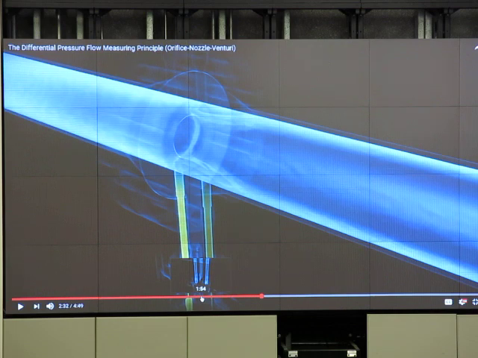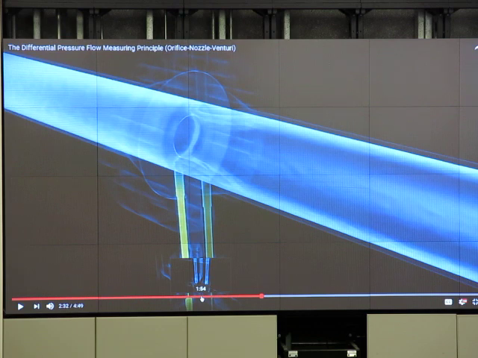That's not good, right? So if we have a small flow rate and we have a big hole for the orifice plate, and I have just 0.1 inch of water pressure drop, is that good? 0.1 inch of water is not measurable. Okay, we cannot measure it accurately.